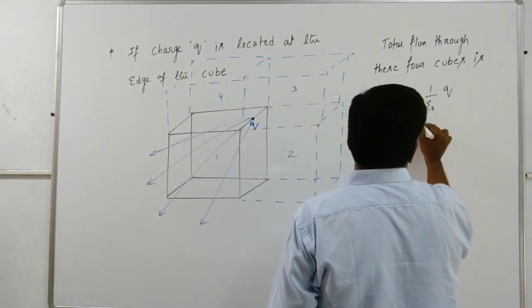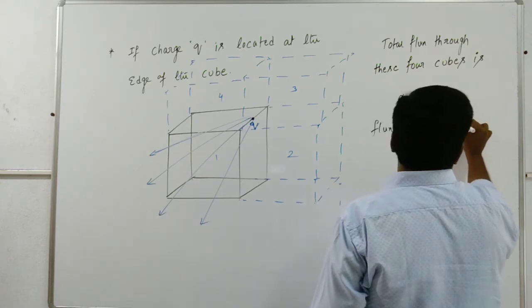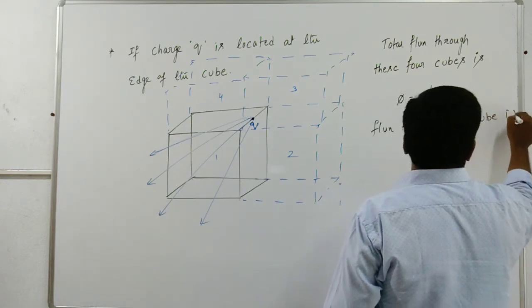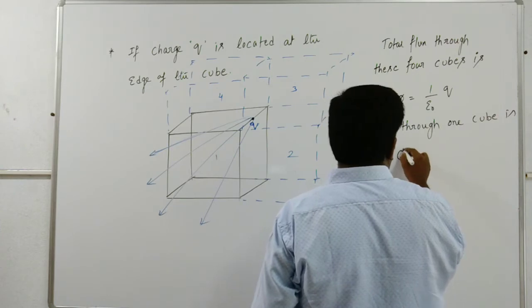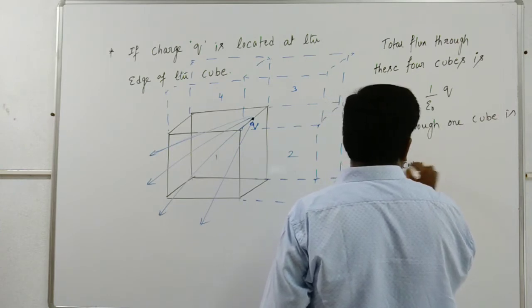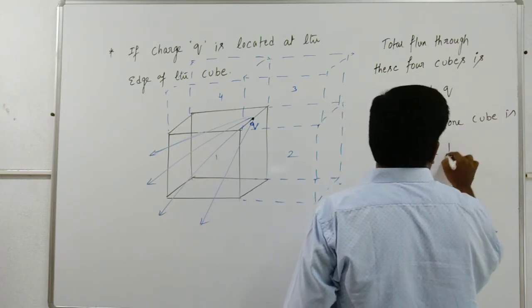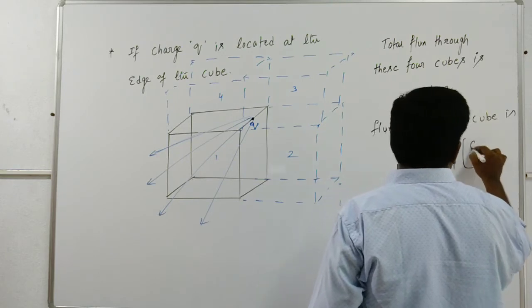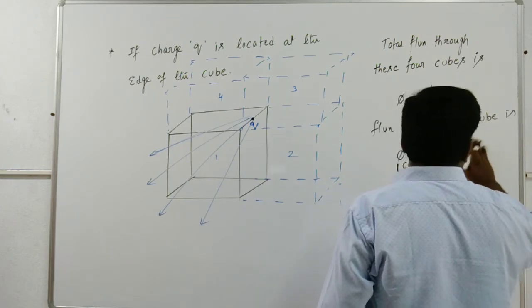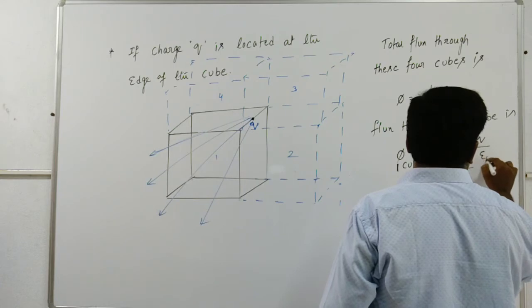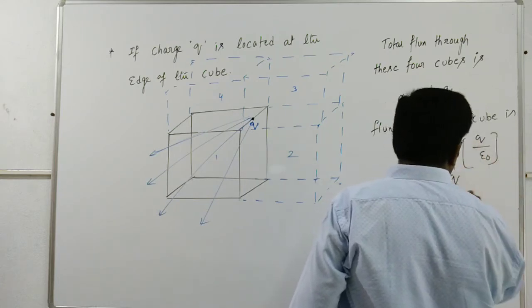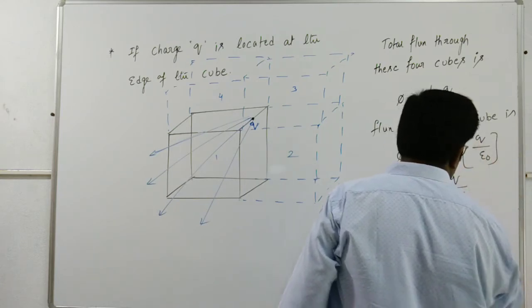That is, phi through 1 cube is nothing but 1 by 4 times the q by epsilon naught, that is q by 4 epsilon naught.